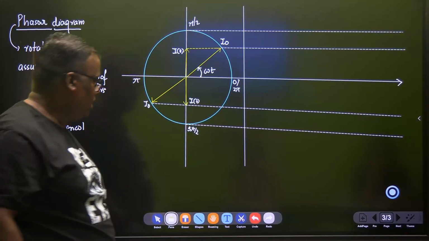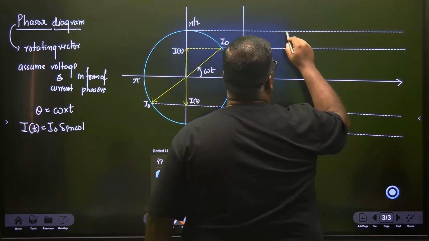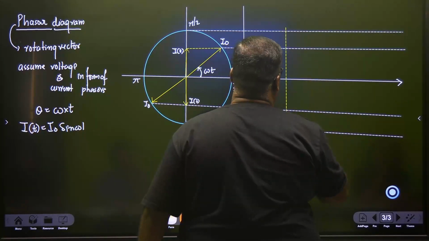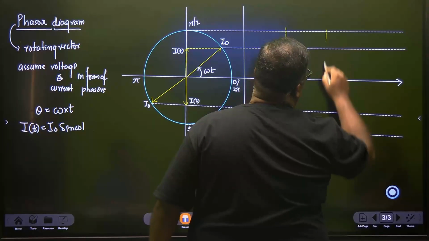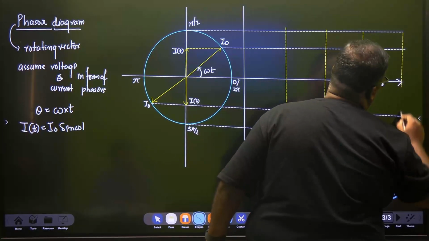Agreed or not? Let me make those equal divisions here also: pi by 2, pi, 3 pi by 2, and 2 pi.